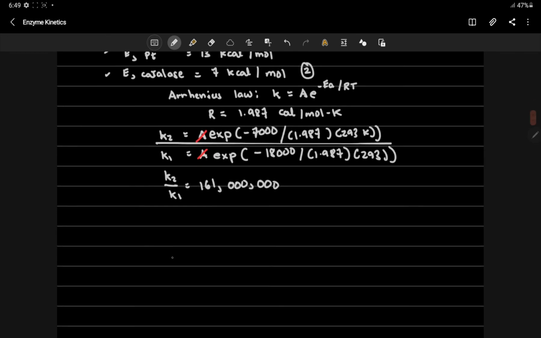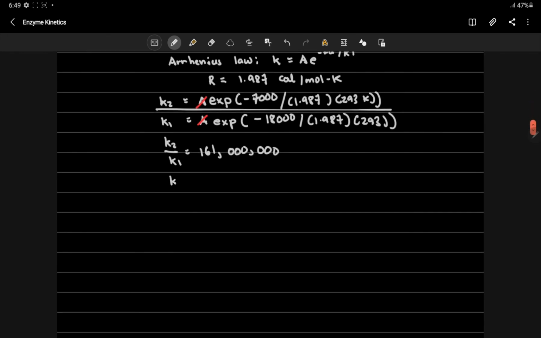Or just arranging it another way mathematically, K2 is 161 million times that of K1.